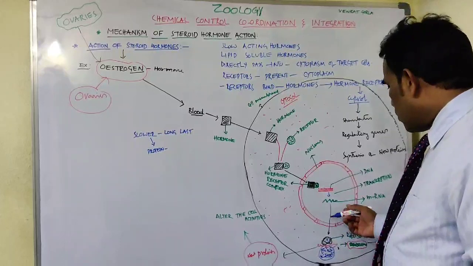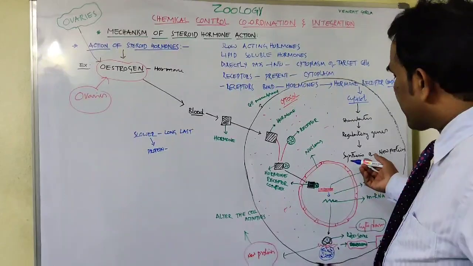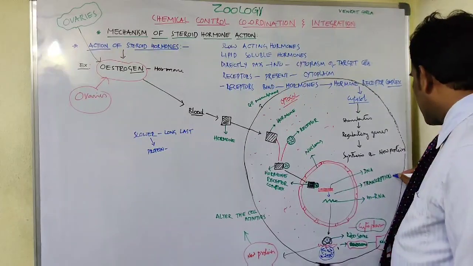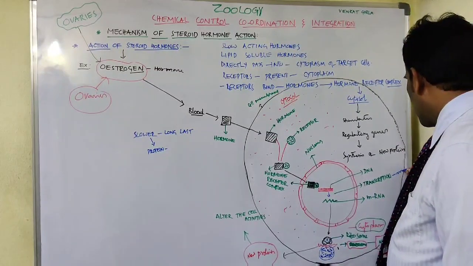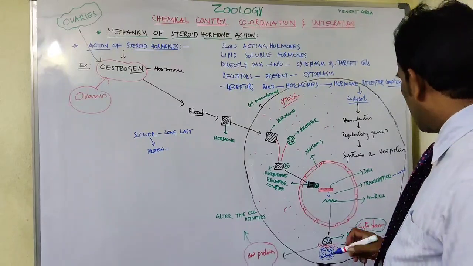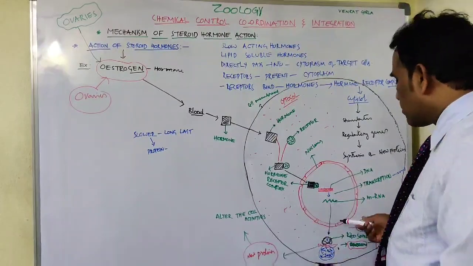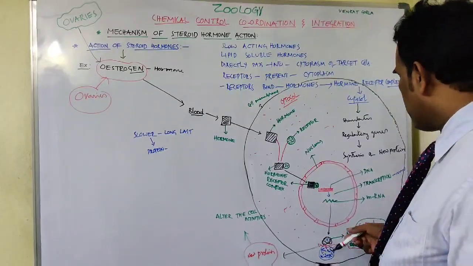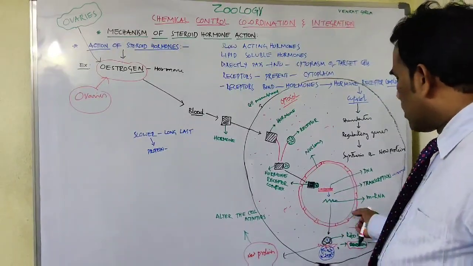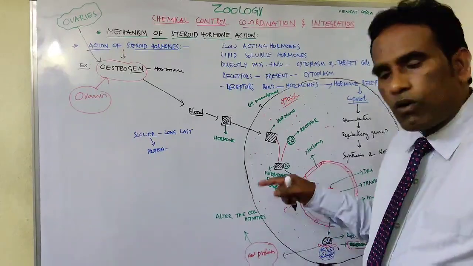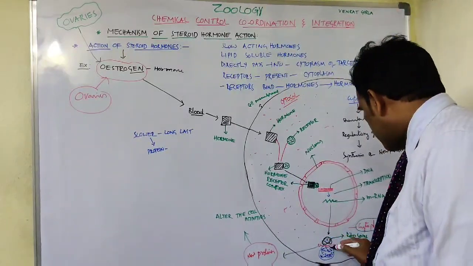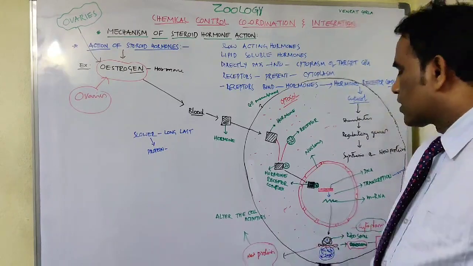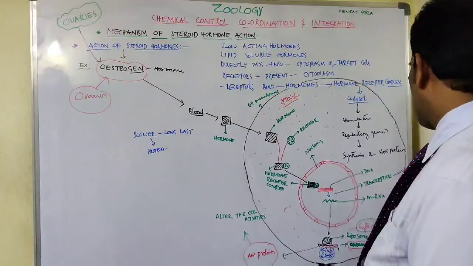So this DNA undergoes transcription. As a result of transcription, mRNA, messenger RNA, will be forming. This messenger RNA comes out of the nucleus and enters into the cytoplasm, and then it forms an enzyme, or we can call it a protein, on the ribosome.